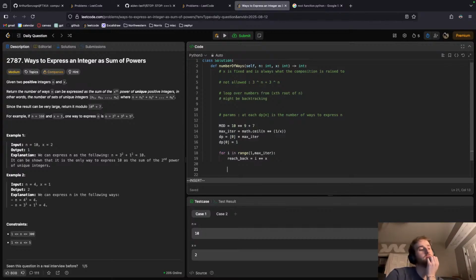We need to be going from greater, because wherever we are, like if we're at the end of the array, we reach back by this amount. It'd be the number of ways that way.